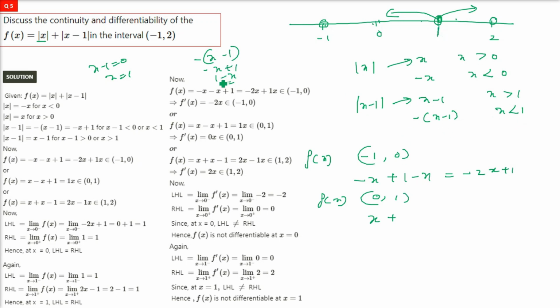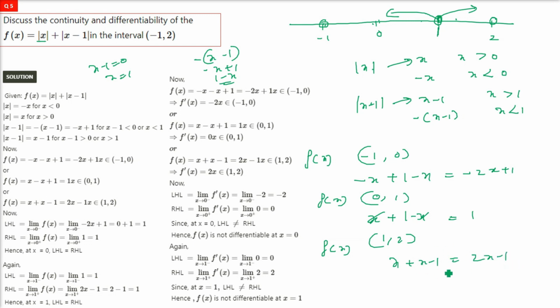So you have to again use this 1 minus x. X gets cancelled, you get a constant 1. Alright. Now coming to the third interval, f(x), 1 and 2. So when you are between 1 and 2, both are positive. You are above 1. So x plus x minus 1, this is going to be 2x minus 1.